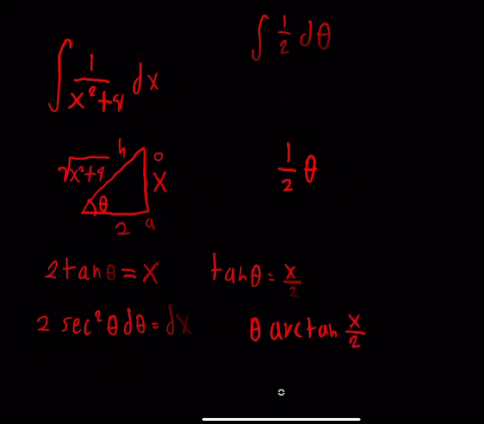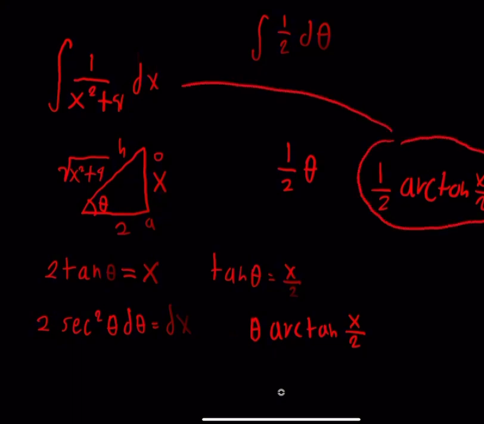So it's going to be 1 over 2 arctangent x over 2 as the final solution of this integral.